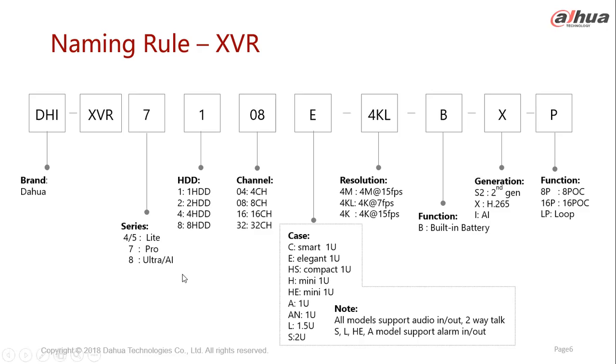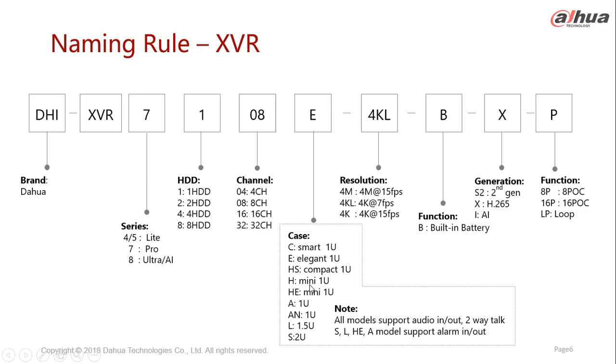We have XVR series like 4, 5, 7, and 8. An 8 series XVR is a very high-end XVR, and we also have XVRs that support up to 8 hard disks and 32 channels.